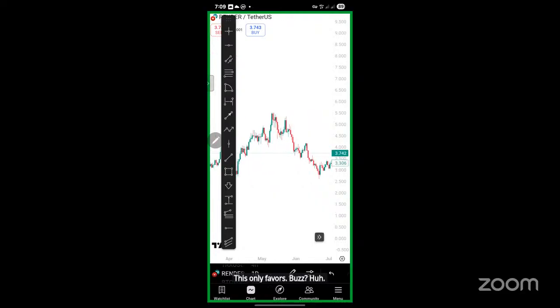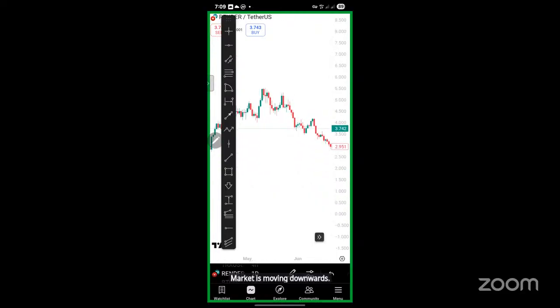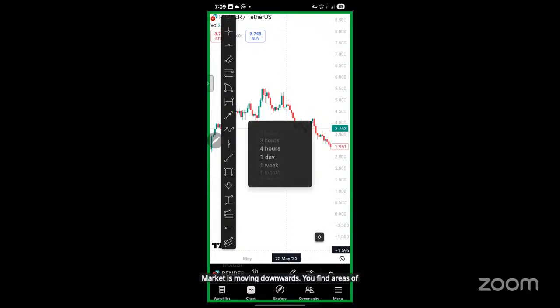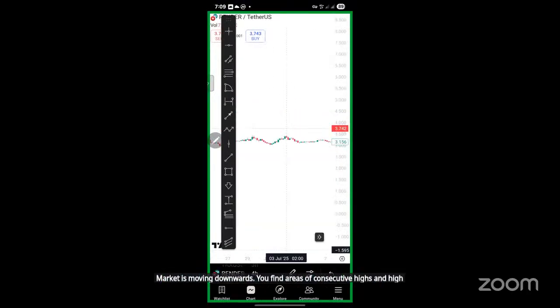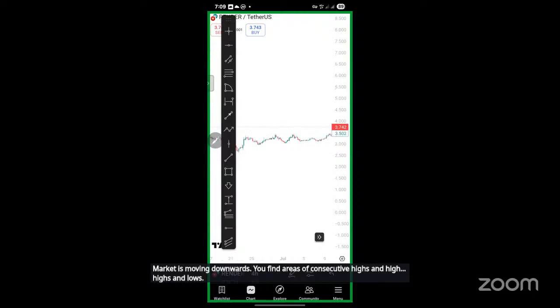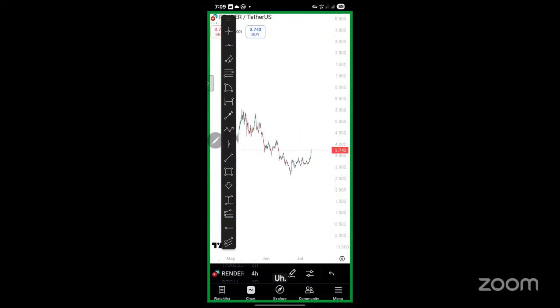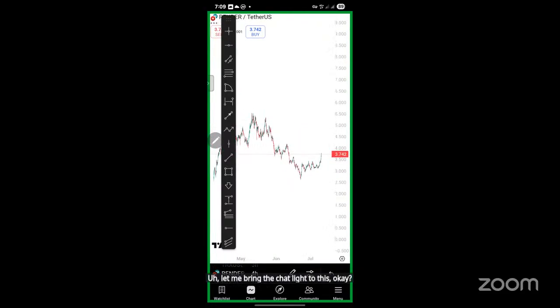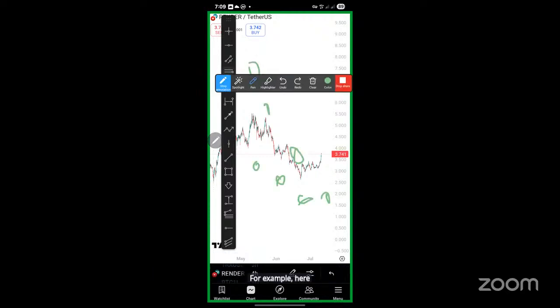Because the market is moving downwards, you find areas of consecutive highs and lows. Let me bring the chart like this. For example, here on Render token, you can tap on these points here.